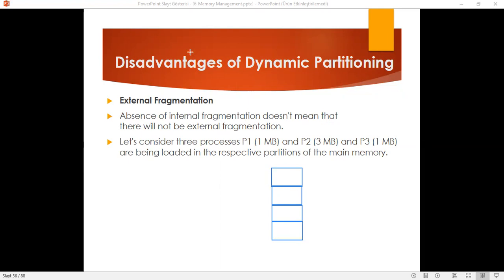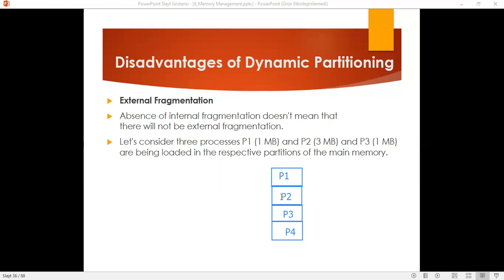Think about here, I have process 1, I have process 2, process 3, process 4. Let's say this process is waiting for execution.